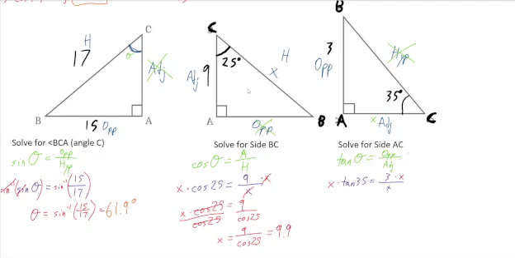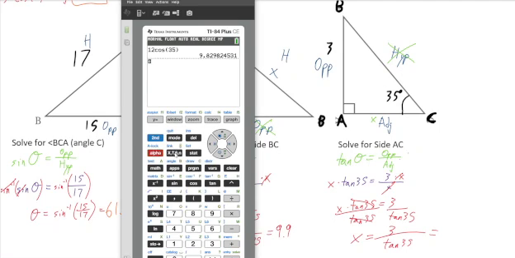Right, so we can multiply that across, and we get x times tan 35 equals 3. Then we can divide by tan 35, whoops, not like that. Those cancel, we're left with x equals 3 over tan 35, and we get the answer of 4.2.